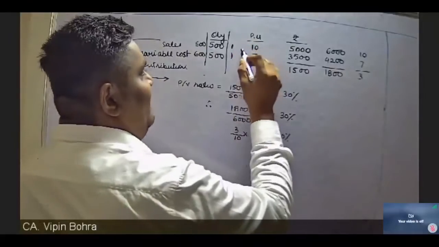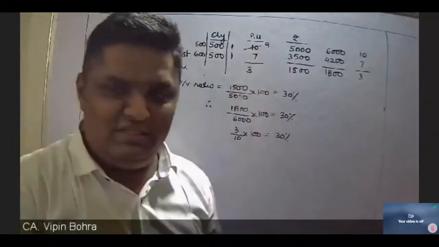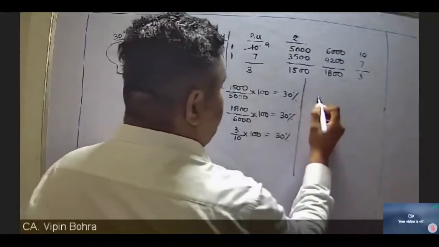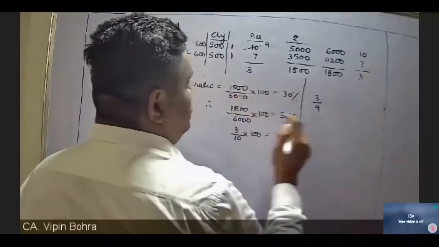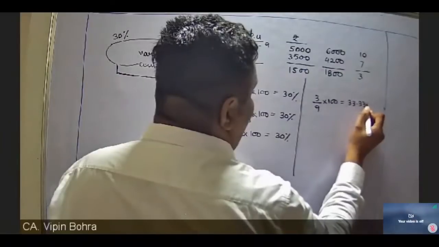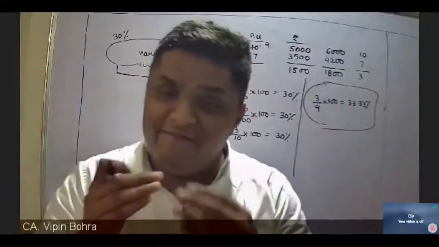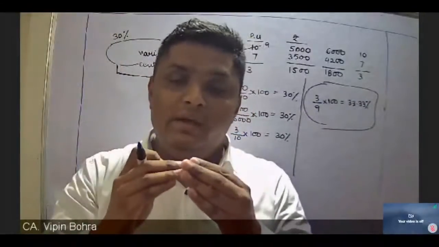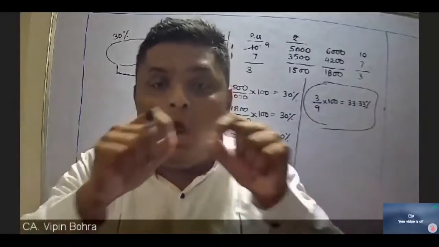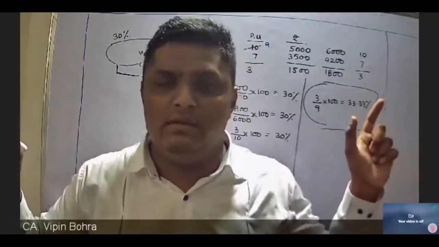But let's say the selling price is changed, say to 9 rupees, or say variable cost is changed. Is the PV ratio going to change? Yes, it will change. Contribution 3 divided by 9 into 100, that is 33.3. So my point is, if there is an increase or decrease in sales quantity, is the PV ratio going to change? No, not at all. PV ratio remains constant at all levels of sales.